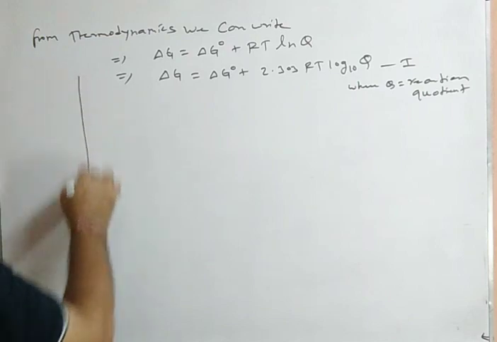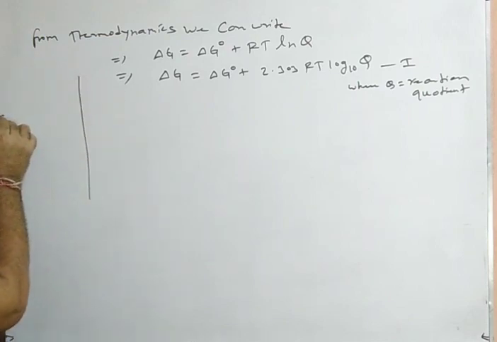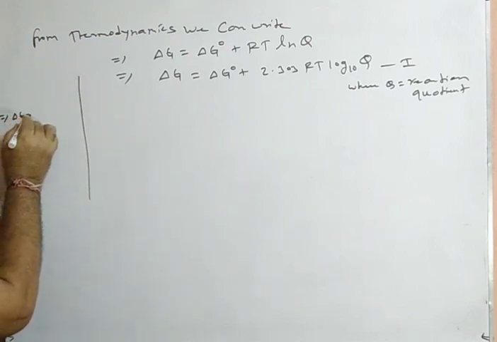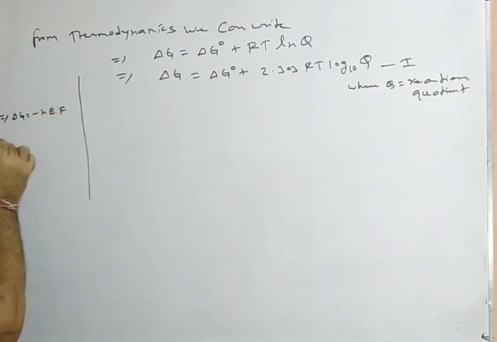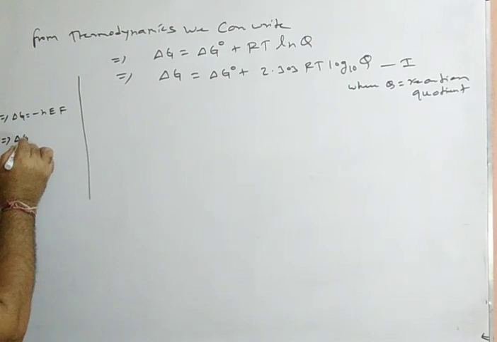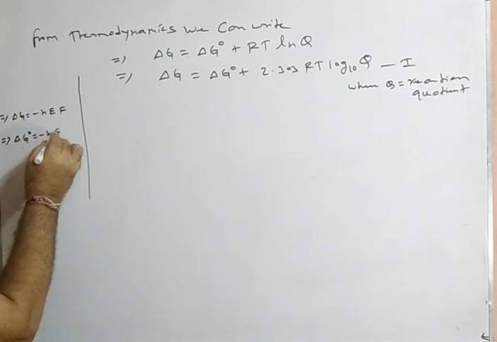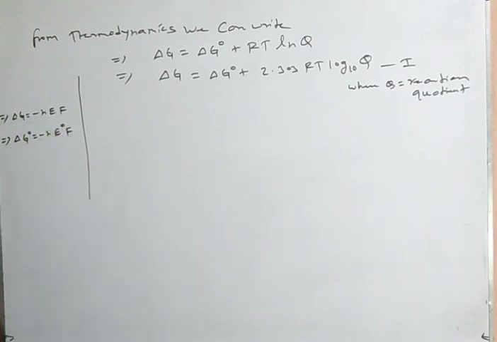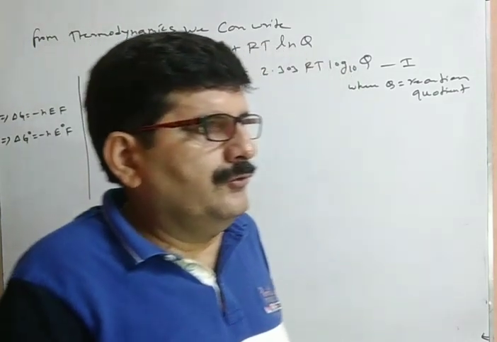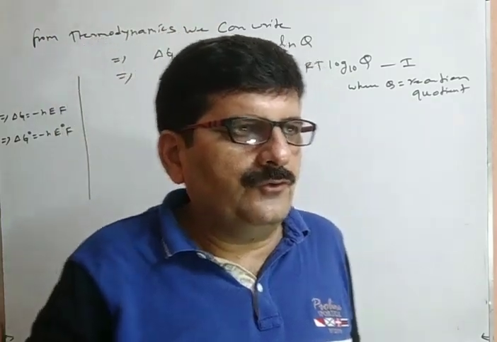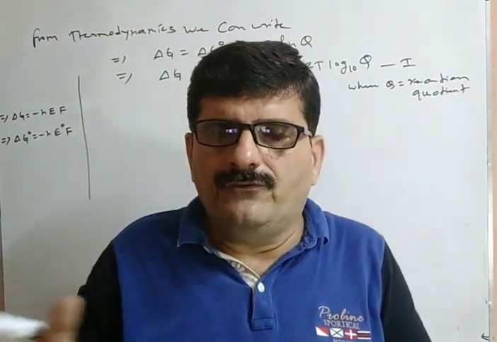Again we know that delta G is equal to minus nEF, and at standard state, delta G naught is equal to minus nE naught F. n is the number of electrons involved in each half cell, E is the electrode potential, F is Faraday, that is 96500 coulomb.